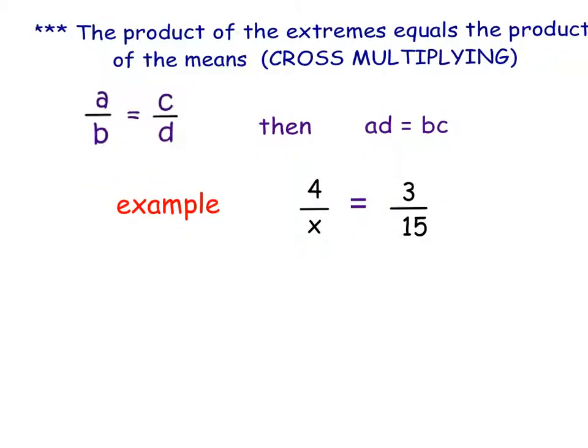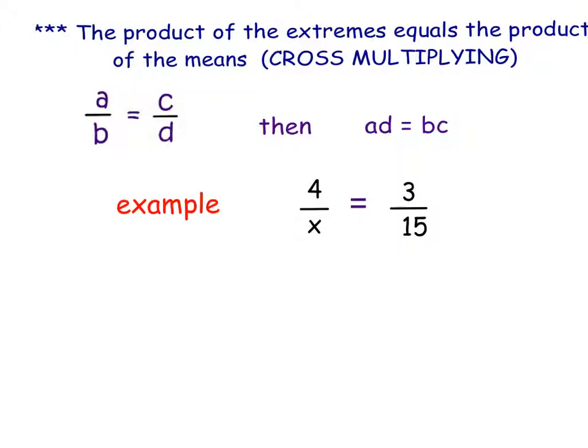The other thing we know about proportions is that the product of the extremes equals the product of the means. In other words, cross multiplying. A times D equals B times C. And we can use this to solve proportions for a variable.